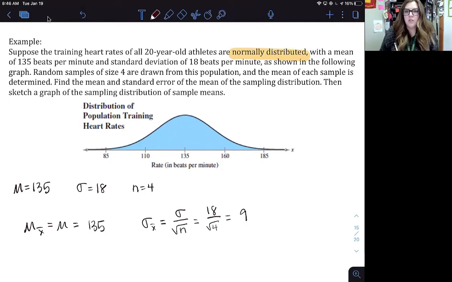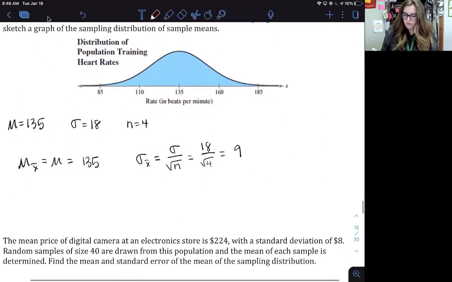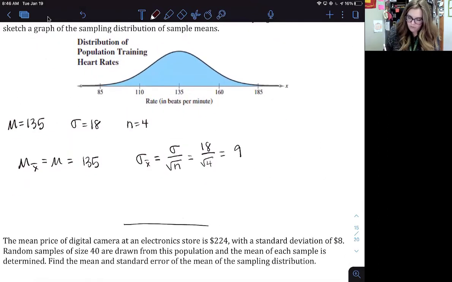Okay. So by your sketch, you're just going to basically re-sketch this graph. Instead of your horizontal axis representing X or Z, like what we've seen in the past, now we're looking at X bar. In the center, we have 135.